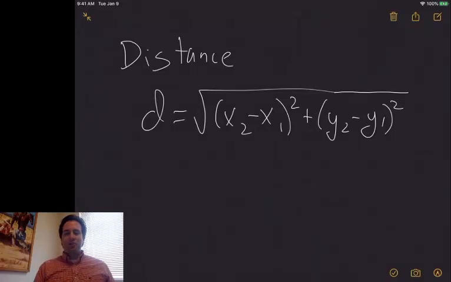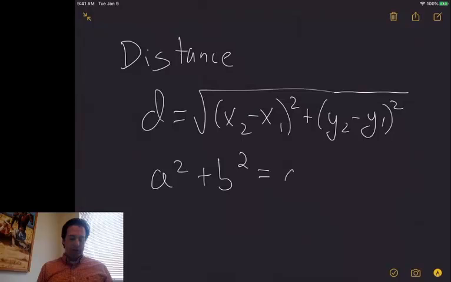And one of the big issues with the distance formula is that it's really messy. It looks super complicated. The great thing is that if we really think about it, this all comes from the Pythagorean theorem: a squared plus b squared equals c squared.